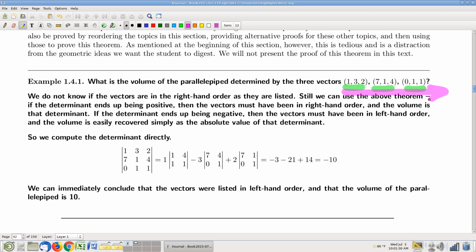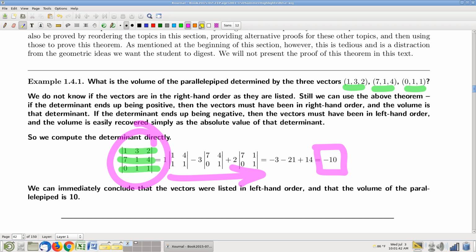So we can decide very quickly by taking those three vectors, 1, 2, 3, making those the three rows, and computing the determinant by the usual formula. We see that the determinant is negative. Negative means left-hand order. If it had been positive, it would have been right-hand order. So the determinant decides that for us.